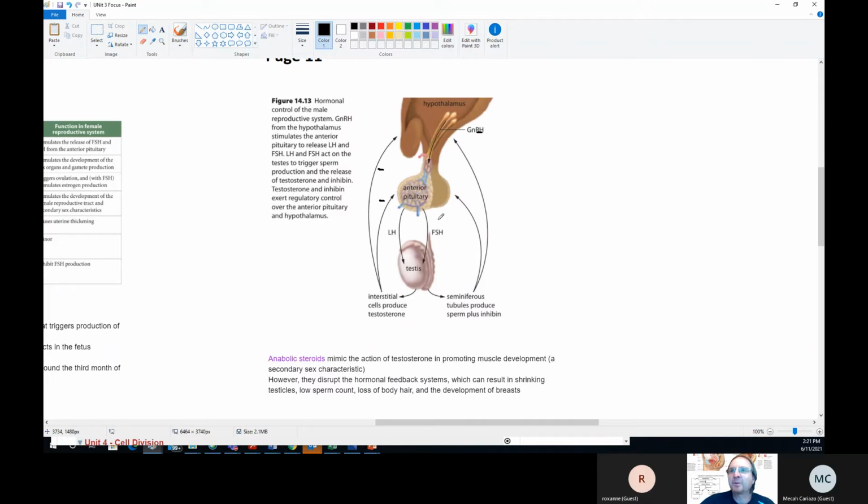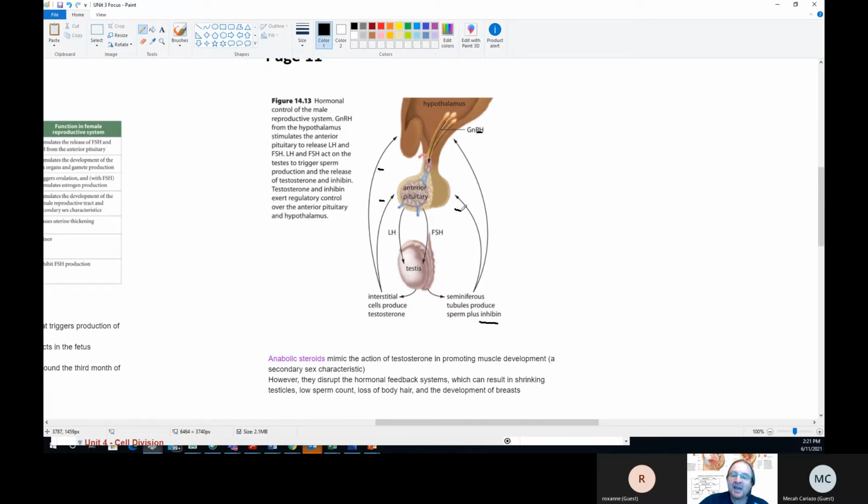And this is what I was just chatting about with the production of sperm, right? FSH is going to cause the testes to produce sperm. That's a good thing. But if there was too much sperm production, that would be a bad thing. So another interesting thing the testes do is they produce inhibin. And inhibin inhibits.